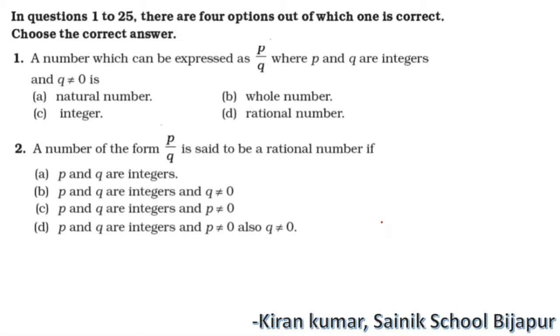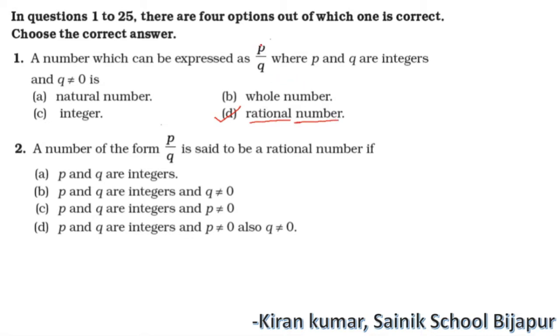Question 1. A number which can be expressed as P by Q, where P and Q are integers and Q not equal to 0, is a rational number. This is a standard definition of a rational number.